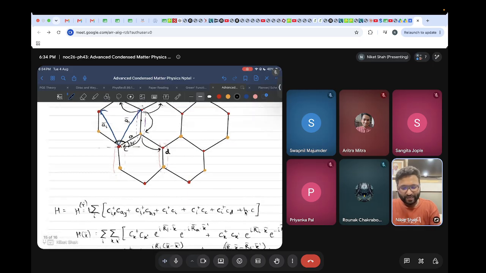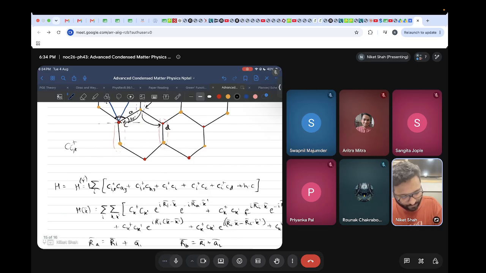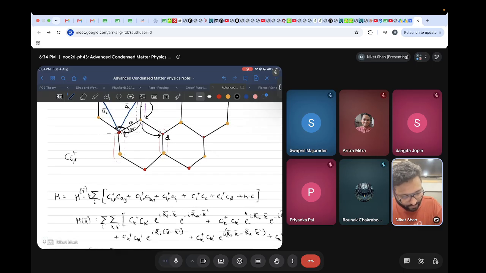So when I say c I dagger, I have not told you whether the electron is being created in the red kind of lattice site or the yellow kind of lattice site. So I need to add a suffix R also. So that's an error which I need to rectify.